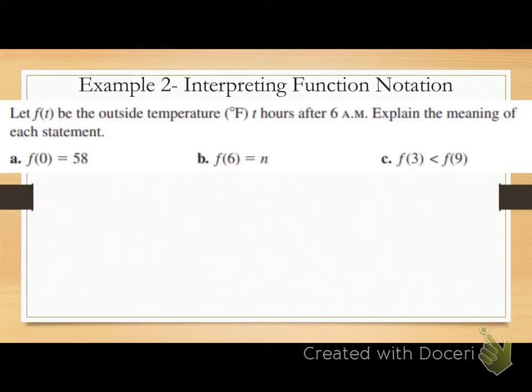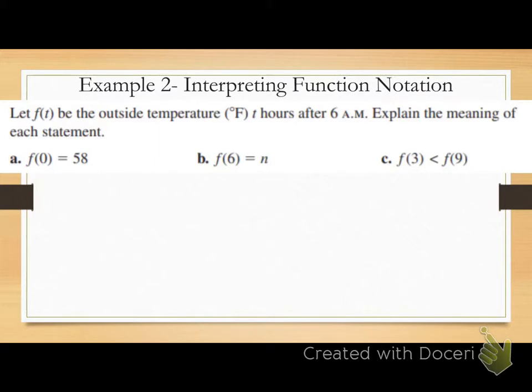What did they replace t with? 0. What does t represent? Hours after 6 a.m. So how many hours after 6 a.m. is it right now? 0 hours after 6 a.m., right? Because that's what they replaced the t with, was 0.